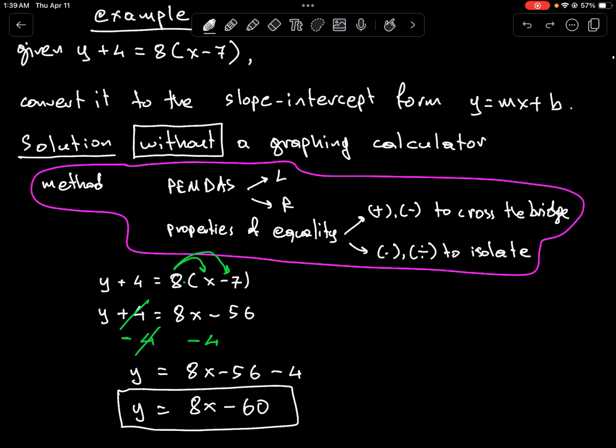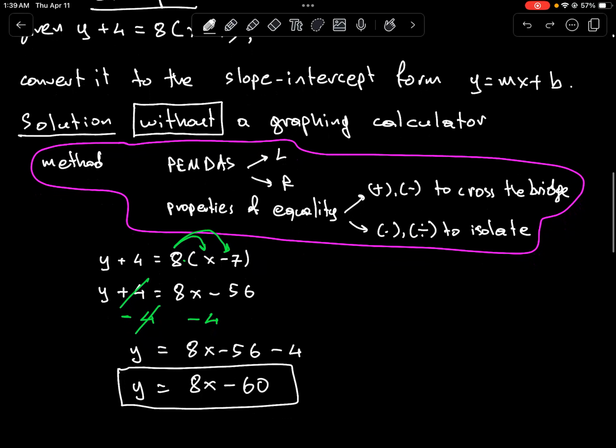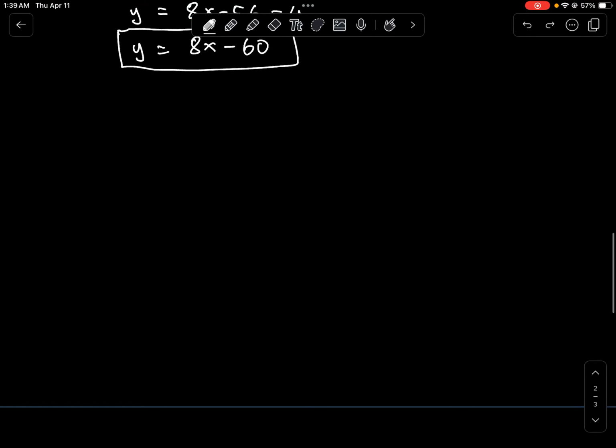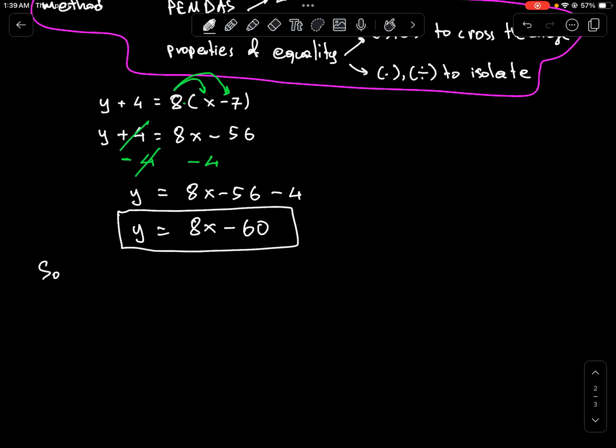So we have to do some steps, not too bad, but now I'm going to do a solution with the graphing calculator. And I'm going to do it for several reasons. First of all, to give an alternative solution.